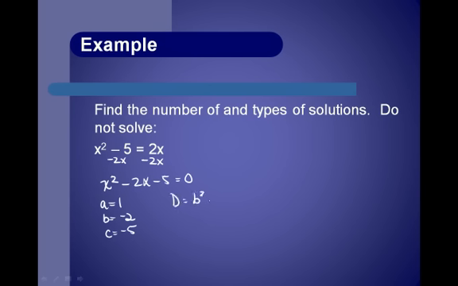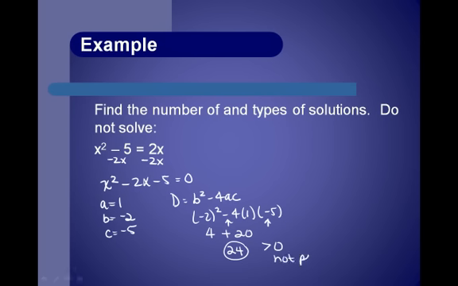Well, our discriminant, which is b squared minus 4ac, would give us negative 2 squared minus 4 times 1 times negative 5. So we get a discriminant value of 24. Now 24 is greater than 0. It's not a perfect square. So what we're going to have is two real irrational solutions.